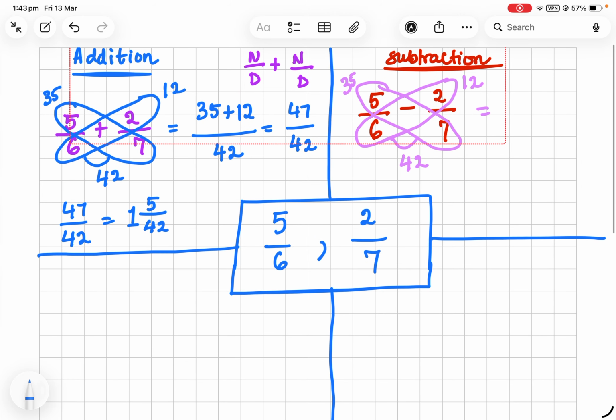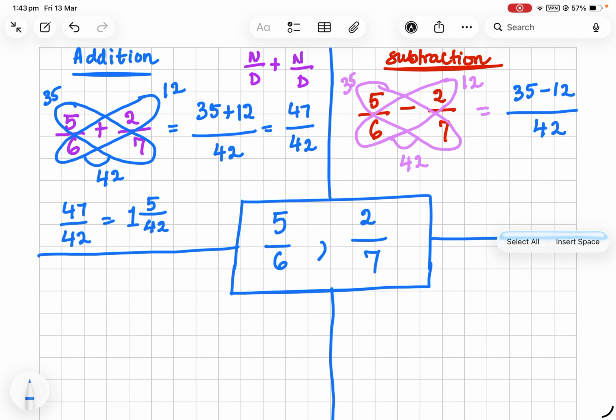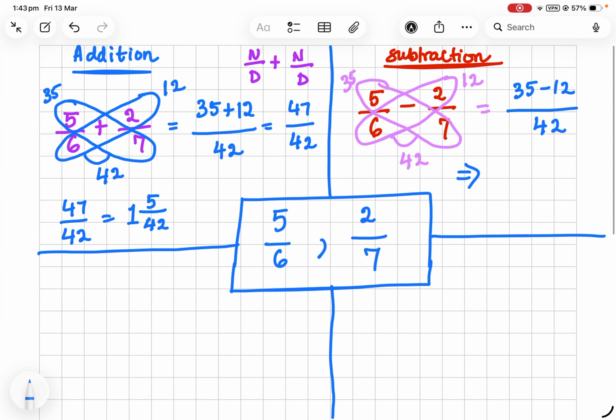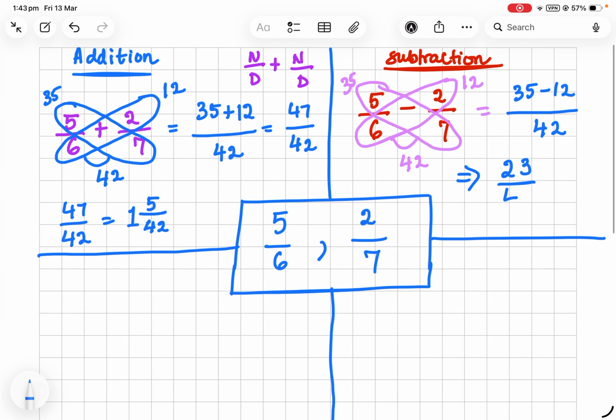All right, so 35 minus 12, so introduce your minus, divided by 42. Now what is 35 minus 12? 23 divided by 42.